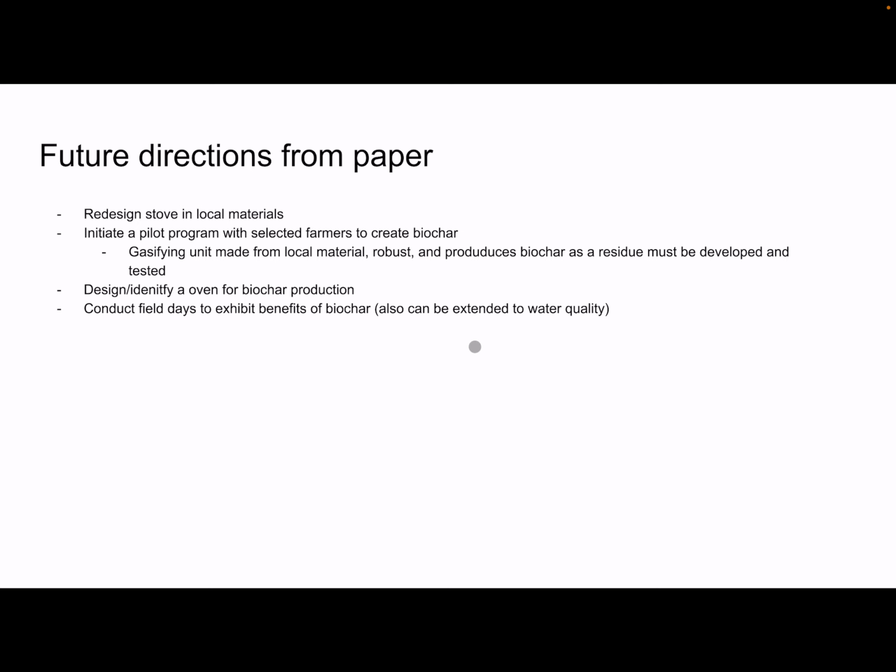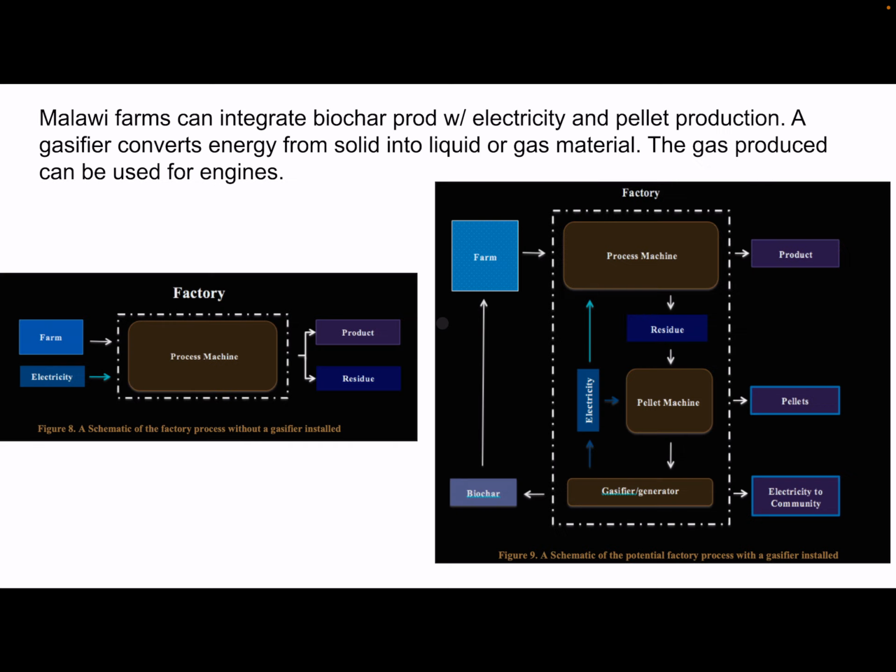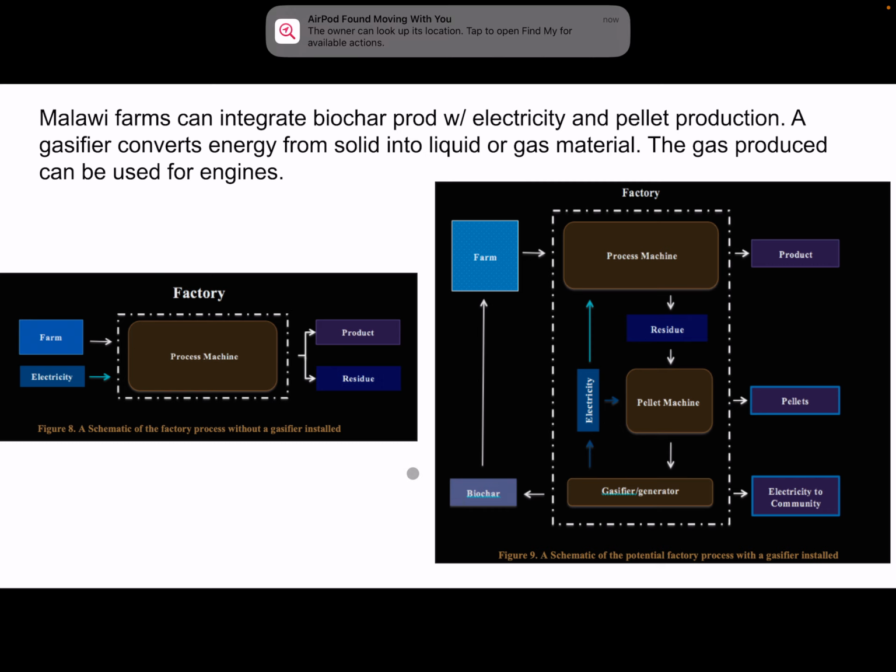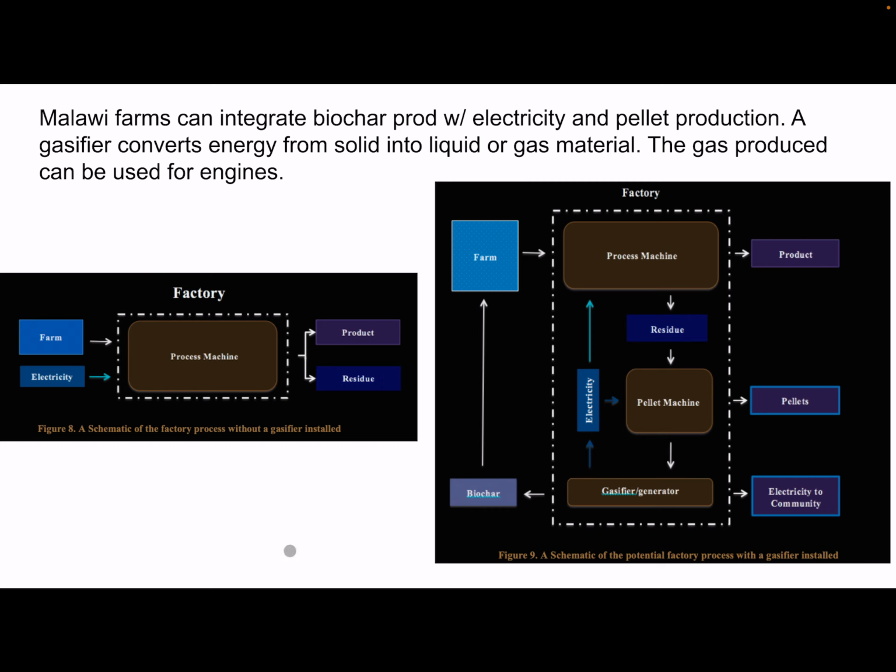Overall, what this paper showed was that if we are going to consider biochar, we need to make sure that the biochar we make minimizes deforestation, so minimizes the tree wood used, and instead uses more of the crop residues. And that's pretty much it.